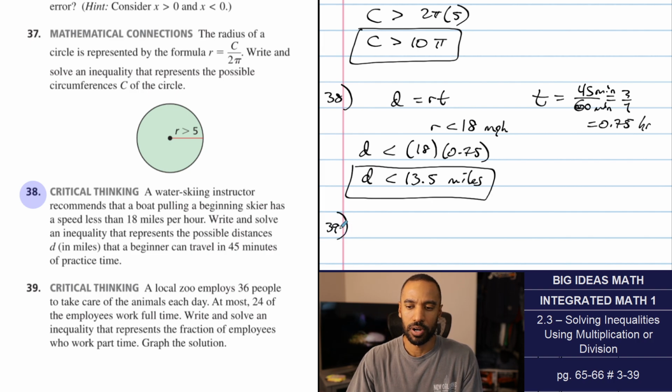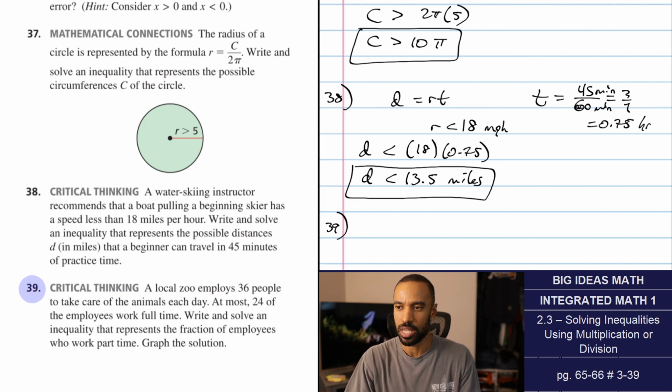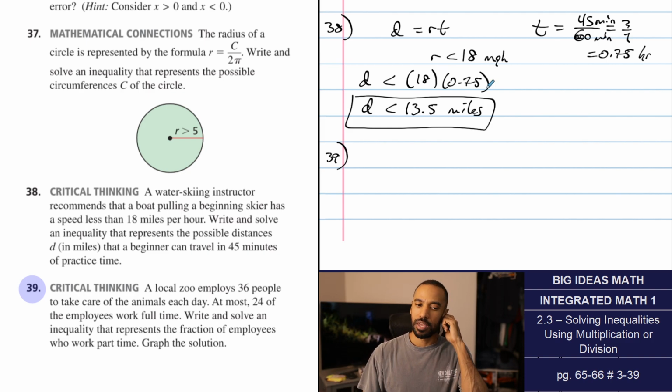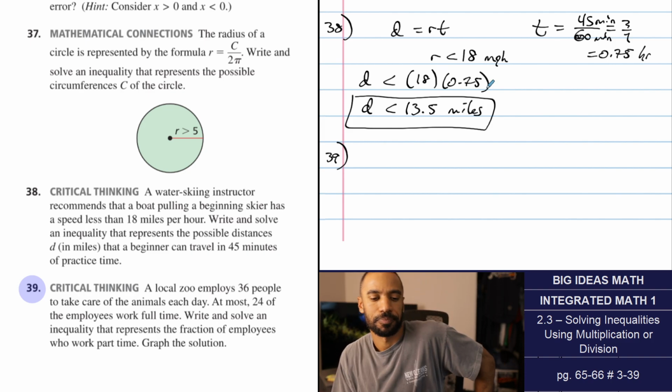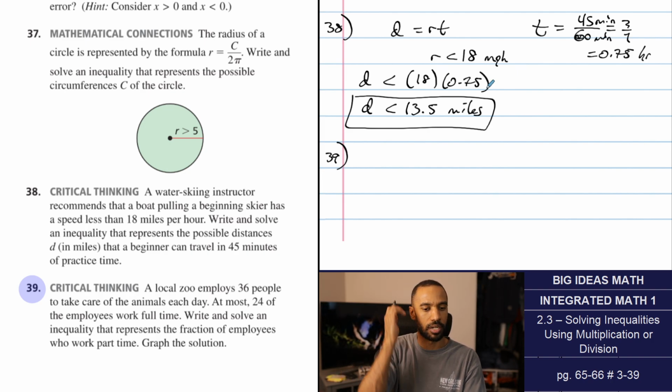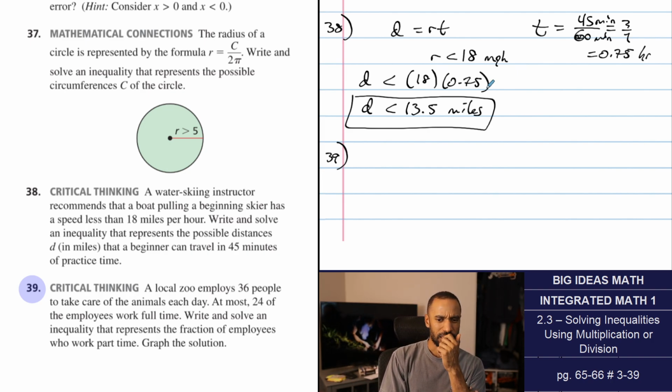Last question, number 39, also critical thinking, says a local zoo employs 36 people to take care of the animals each day. At most, no more than, 24 of the employees work full-time. Write and solve an inequality that represents the fraction of employees who work part-time. Graph the solution. Is that addition, multiplication and division, or addition and subtraction? A local zoo employs 36 people each day.